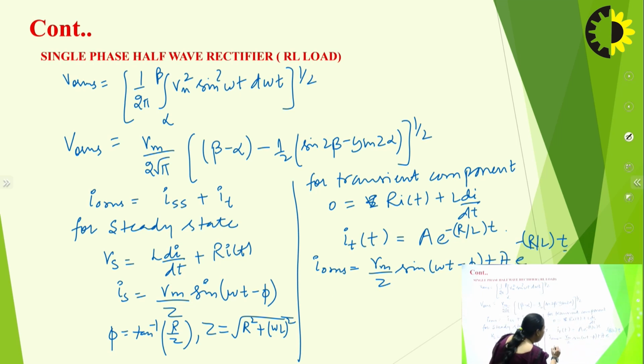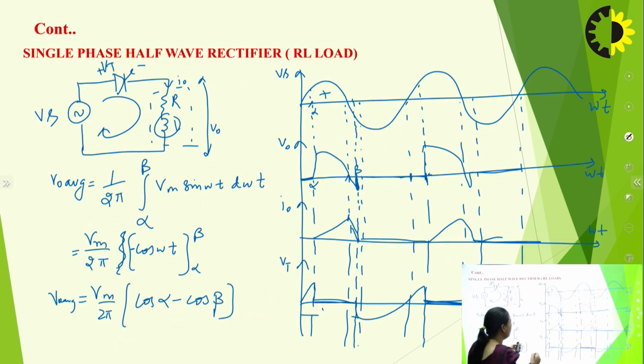So at omega t equal to alpha, you can see the value of I naught here. What is the value of I naught at omega t equal to alpha? It is 0.